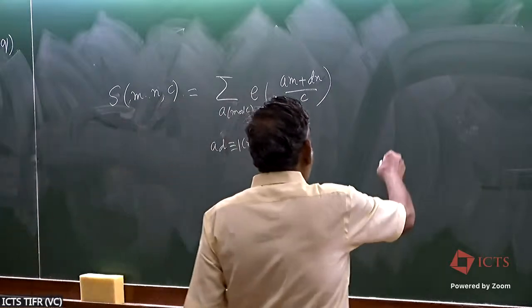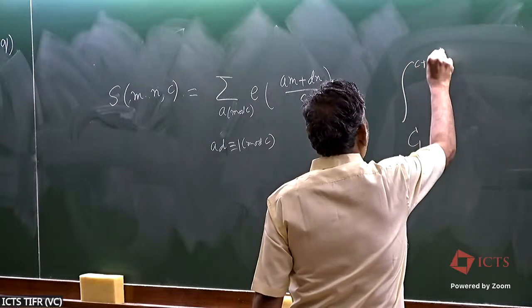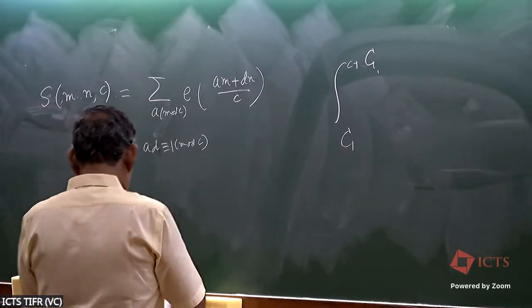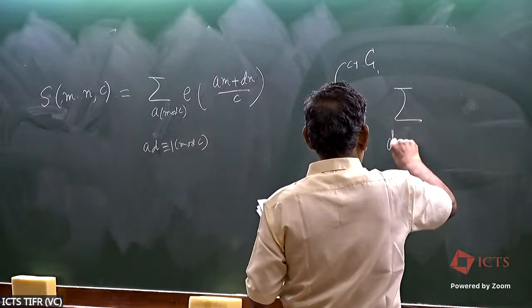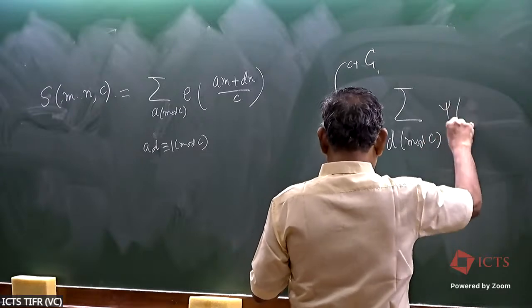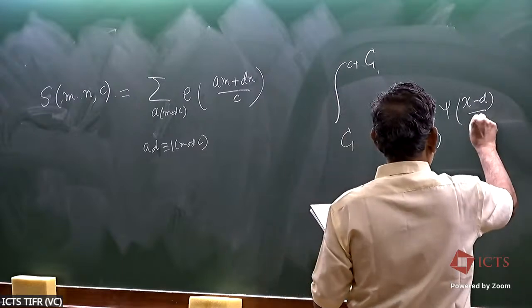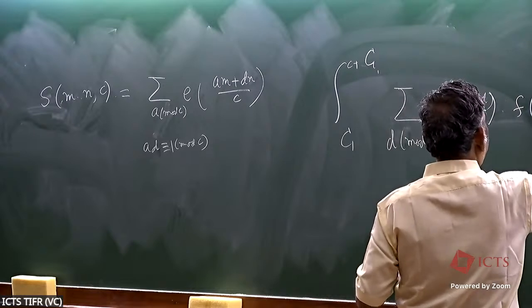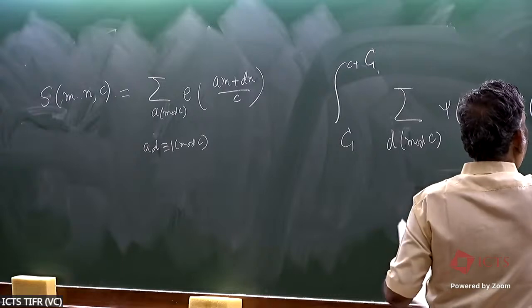Therefore, what we had is essentially capital C to C plus capital C. I'm forgetting the constants. And then you have something like the summation over d mod c of psi of x minus d by c times f of d bar by c minus 1 over n x c x dx by x square.